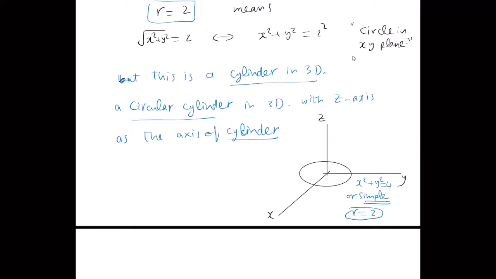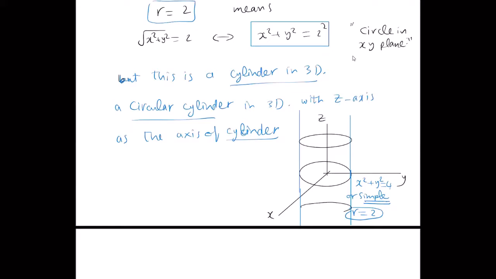In 3D, if you look at x squared plus y squared equals 4, it's not a circle, it's a circular cylinder. So this is the cylinder. It's an infinite cylinder, having this circle as one of its cross sections, and you can see this circle everywhere when you cut this cylinder horizontally.